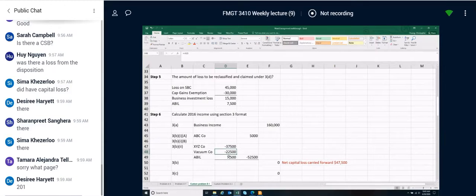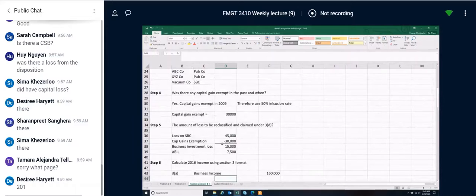And remember what I said before, you always have to show the numbers as if there was no ABLE first. Because remember, ABLEs are a reclass mechanism. Okay? It's a reclass mechanism. So when you calculate things, because it's a reclass, you show it first, then you show the reclass.